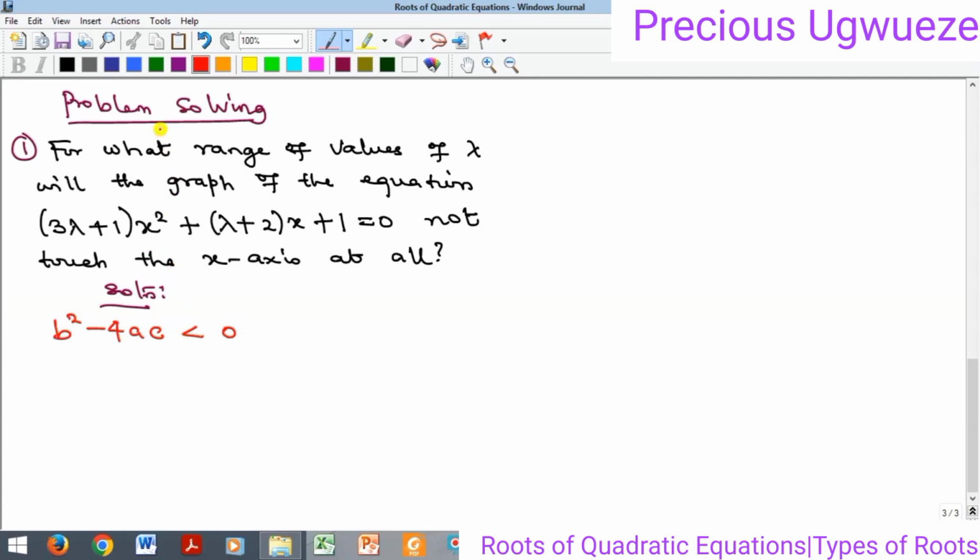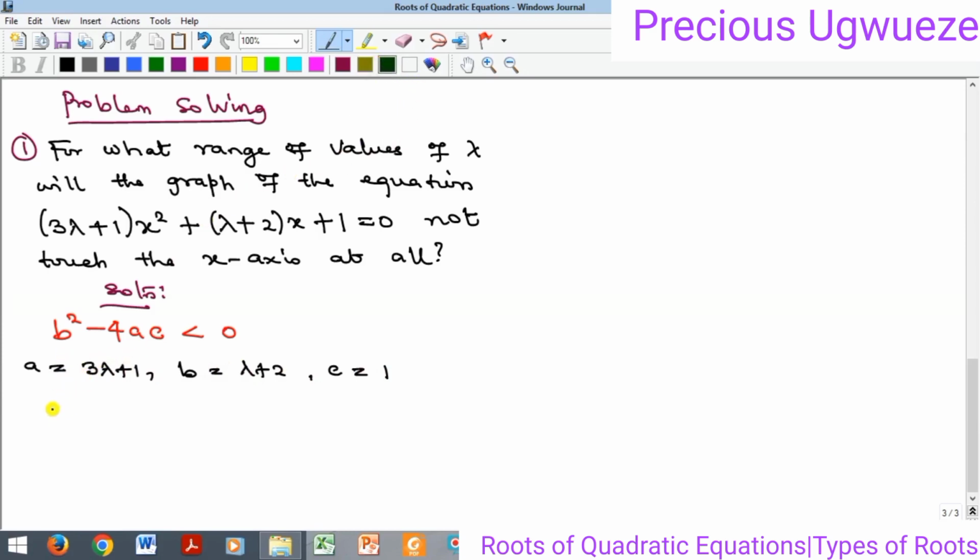And so for this to happen, what do we then do? We are now going to look for the value of lambda, which is what they are asking for. And so from this equation, we'll find our a, b, and c. From here, our a is equal to 3 lambda plus 1, and our c is equal to 1. So we are going to make substitution into this formula and see what we have.